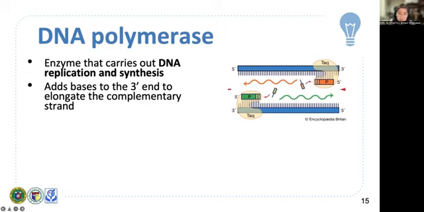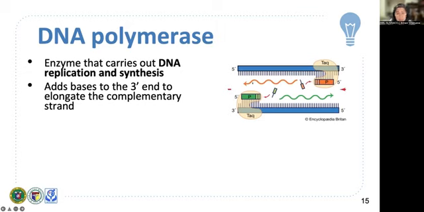So ito yung 5' end ng reverse primer mo, and this is the 3' end of your reverse primer. So it adds to the 3' end to be able to elongate a strand.